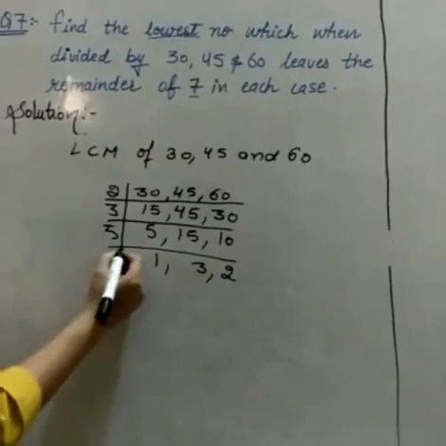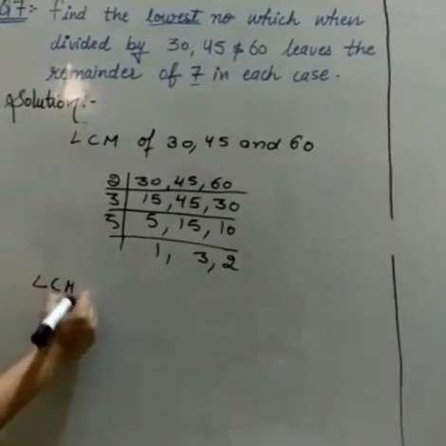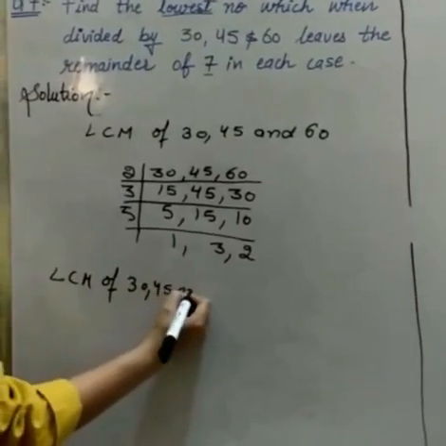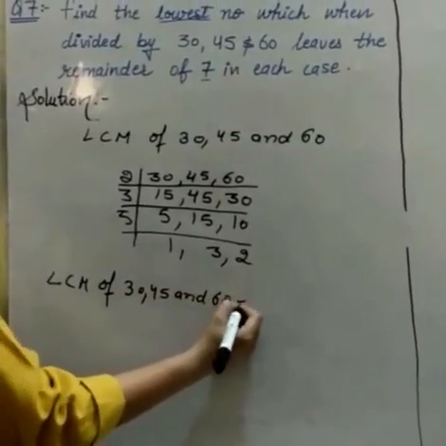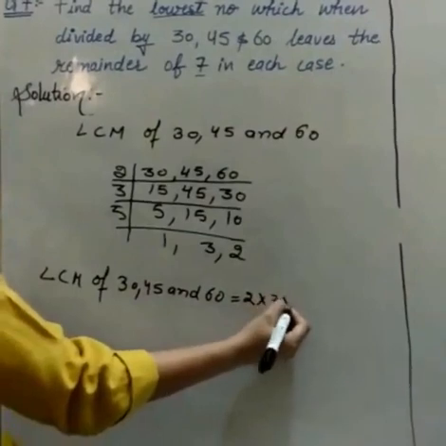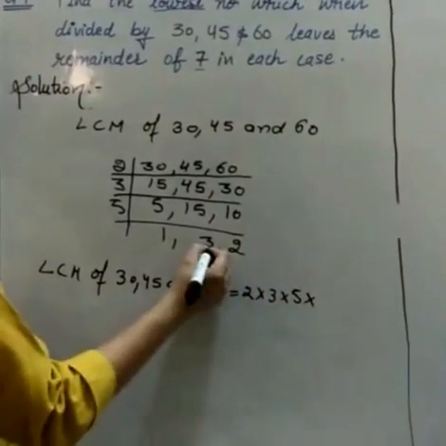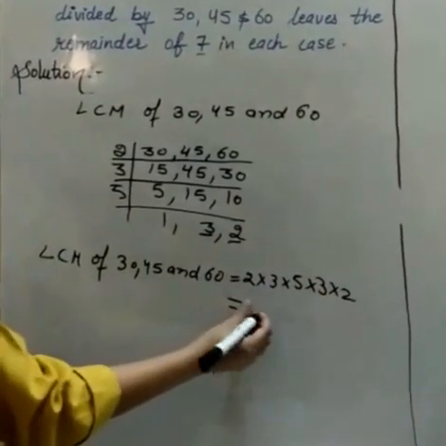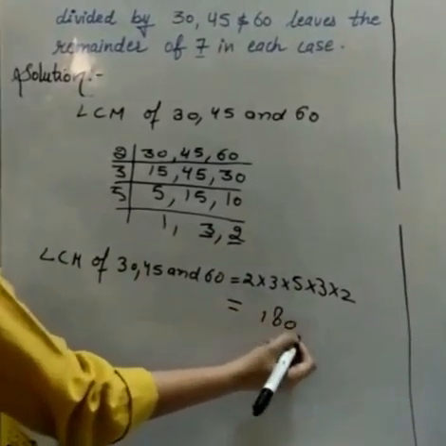So LCM of 30, 45 and 60 is equal to 2 multiplied by 3 multiplied by 5 multiplied by 3 and 2. So here 180 will come.